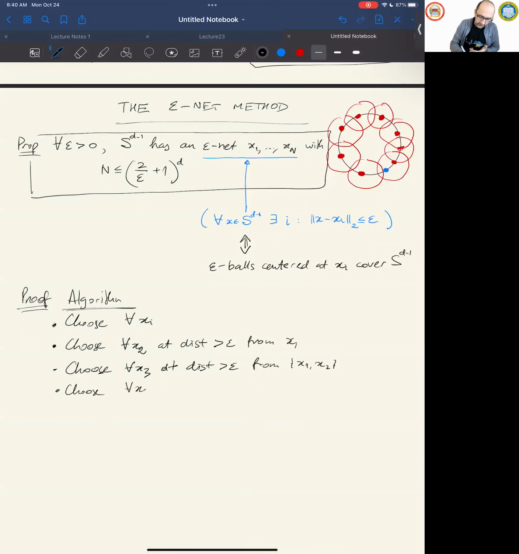And then choose any x4 at distance greater than epsilon from the previously constructed points. And the pattern is clear. You just keep going. And we stop when the step becomes impossible, when we can't find any point that's farther.